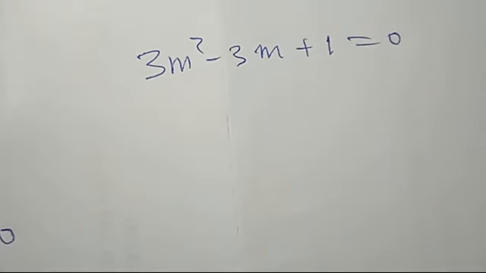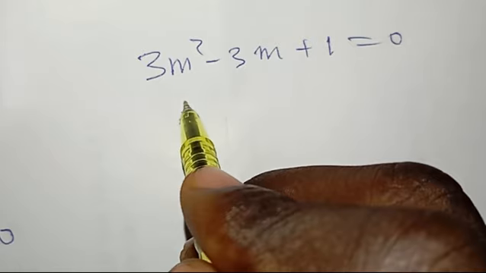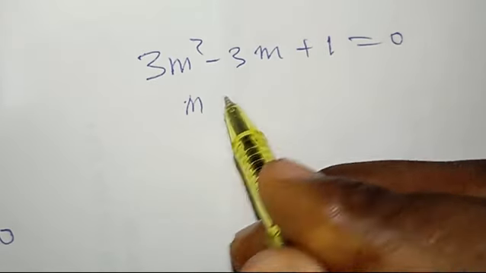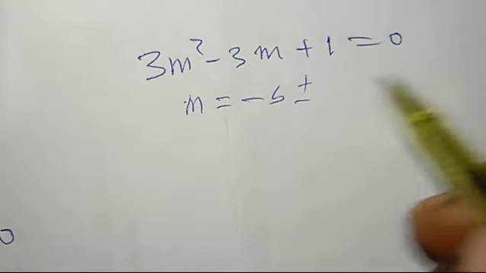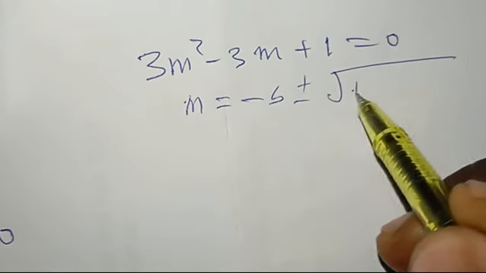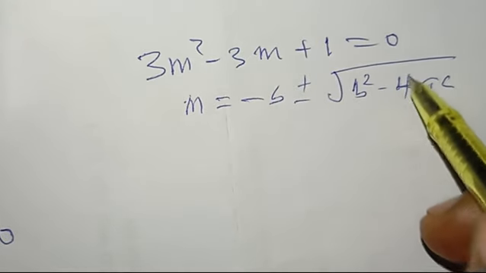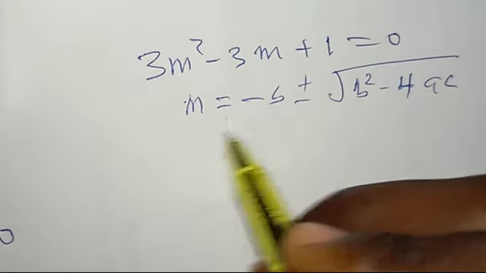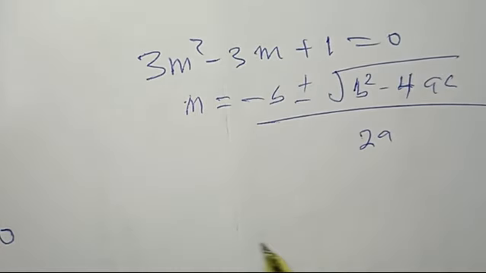So we're going to be using the general method, which says that in this case our m is going to be equal to minus b, plus or minus the square root of b squared minus 4ac, 4 times a times c, and it is all divided by 2 times a.